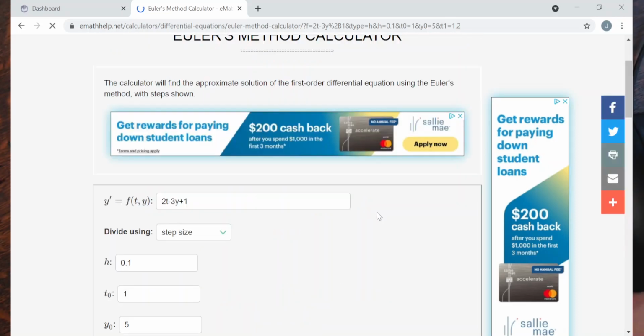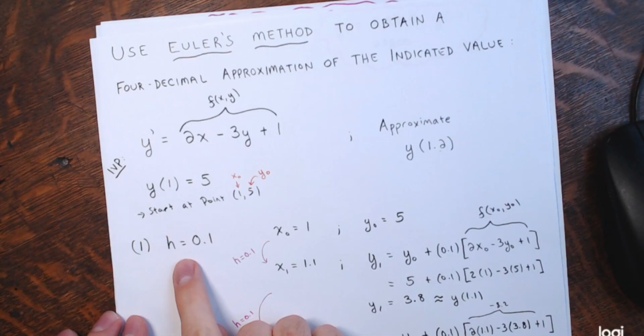Okay. All right, so now what I want to do, I'll keep that numerical solver up. But now what I want to do is do this also with, that was when h was equal to 0.1. We ended up with this being approximately 2.98.